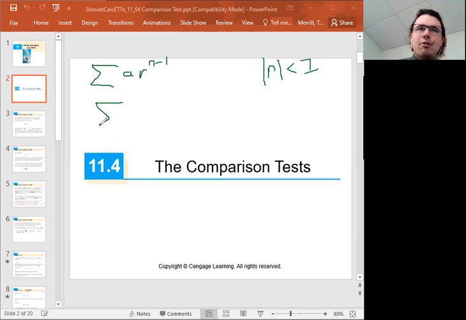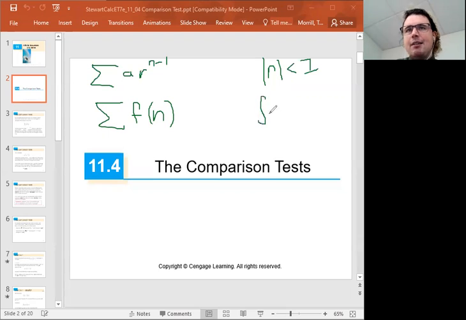What about series where the formula for the terms is actually some nice thing that I could try integrating? So I need a function here which is continuous and decreasing and positive. Then I would try integrating.